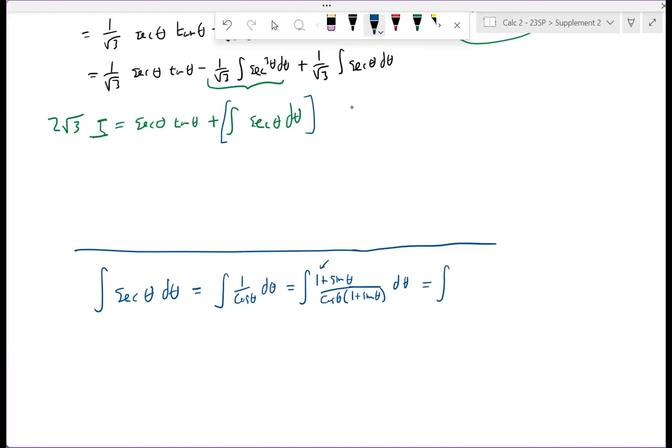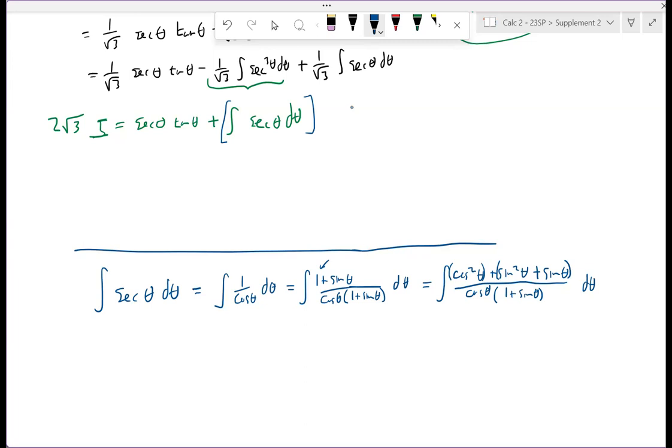We're going to take the 1 and the 1 plus sine theta and use the Pythagorean identity. 1 is cos squared theta plus sine squared theta. And then in the numerator, we note that we have some terms with sines and one term with cosines.